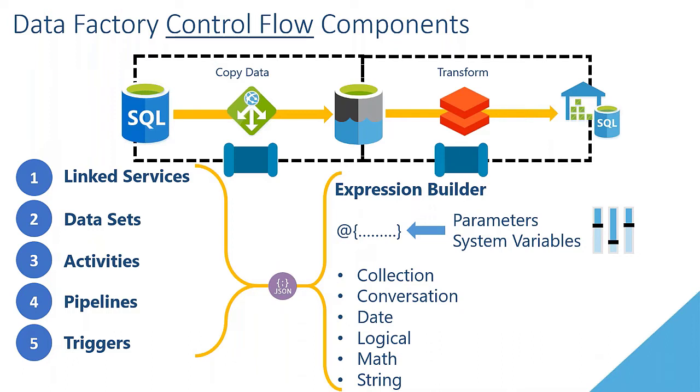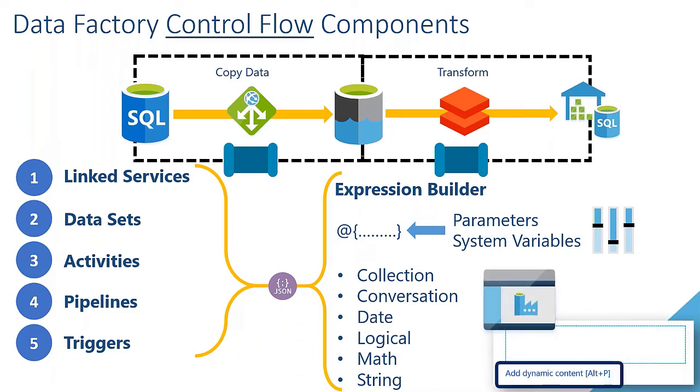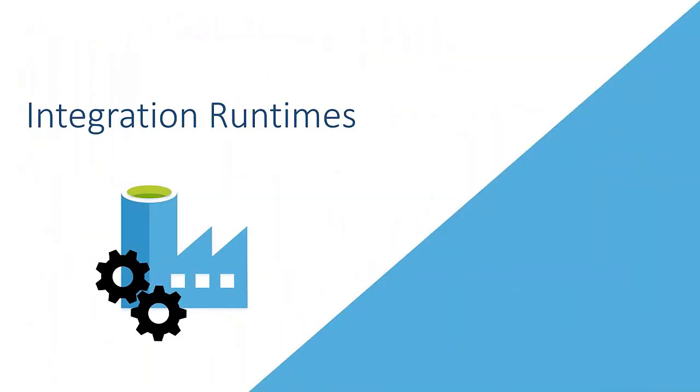In terms of the actual user interface, when you're clicking around the Data Factory portal, amongst a lot of the property boxes, you'll see this option to add dynamic content. Where that option appears, the expression builder comes up, and then you can start injecting whatever you want. So those are our first 5 components of our Data Factory that I want to tell you about.